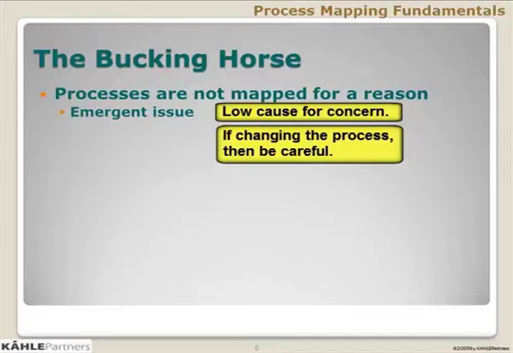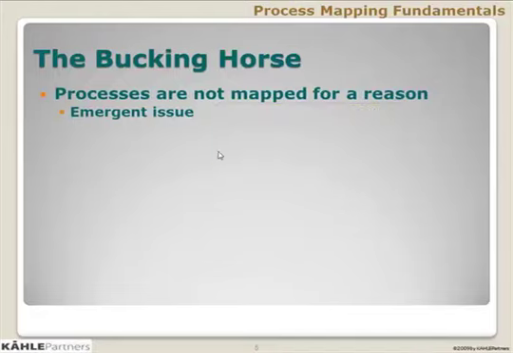Okay? But if the issue is not new, then there's usually one of 3 reasons why the process has not been mapped up to this point in time. First of all, the people involved didn't know how. If you're dealing with a process that is performed by other folks, but they never mapped a process before because they didn't know how, then you probably have a fairly innocuous situation here.